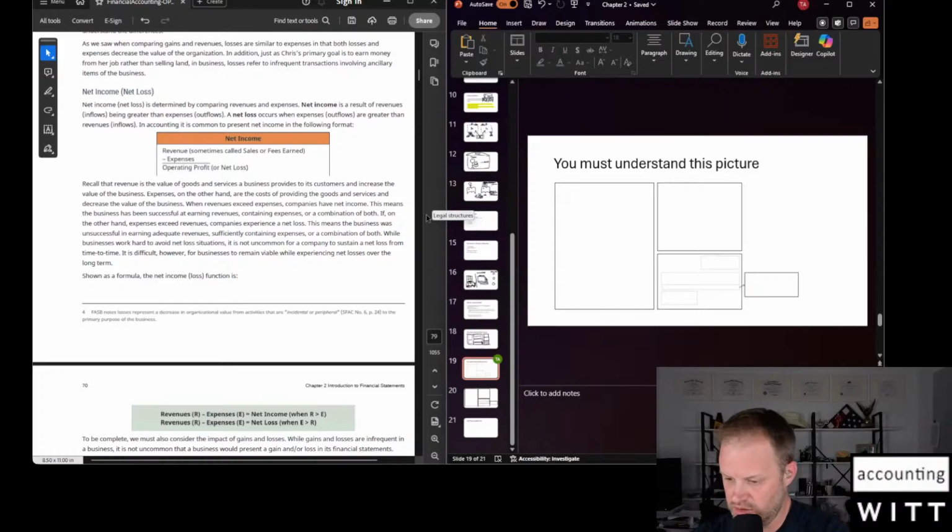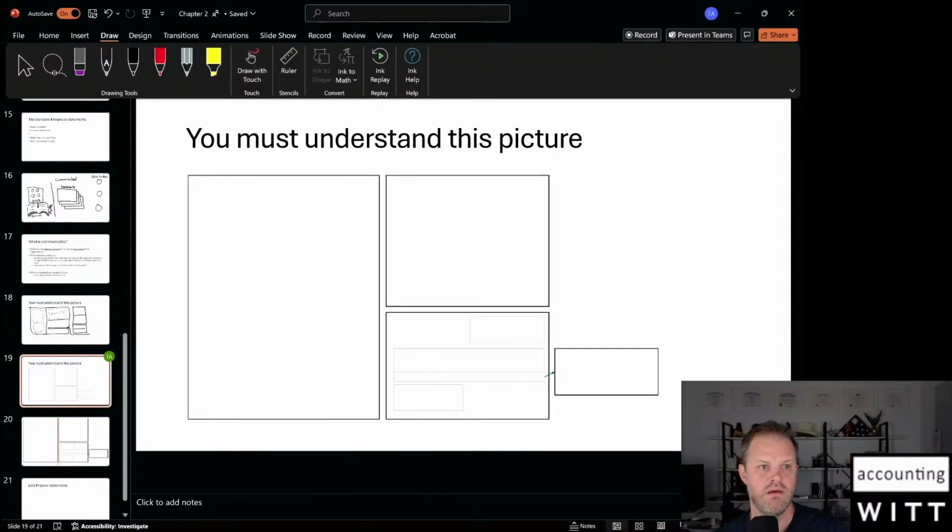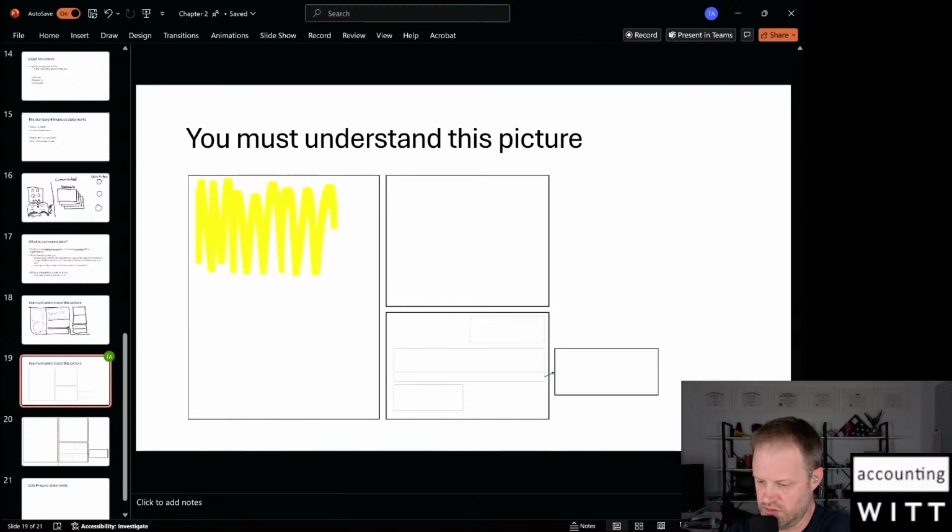So what I'm going to do, I'm going to add these zones.